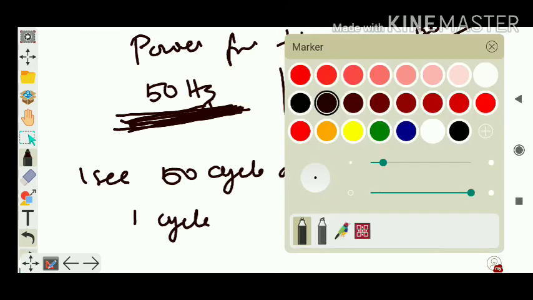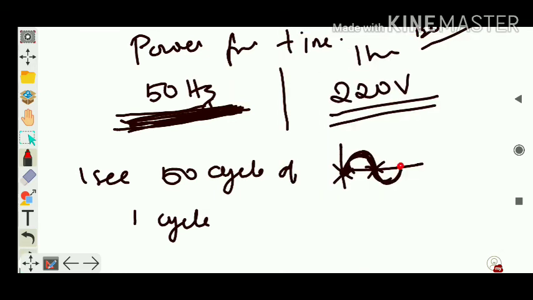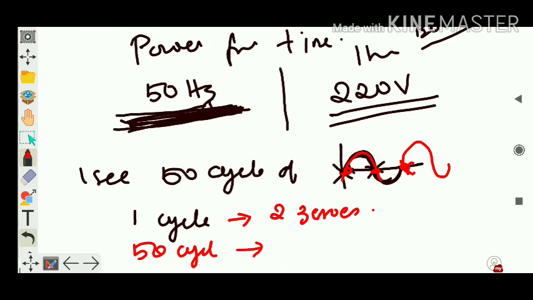Don't take this one as the next zero; this zero is a part of the next wave. So for 1 cycle there are 2 zeros. So for 50 cycles, how many zeros will be there? 100 zeros will be there.